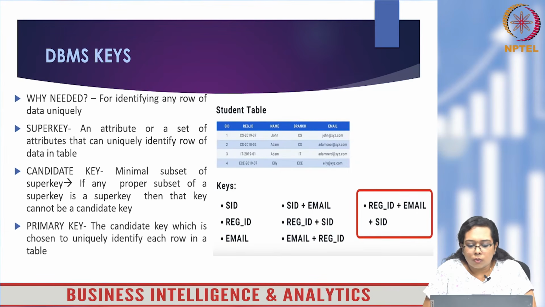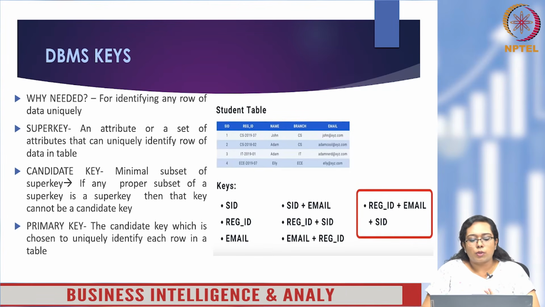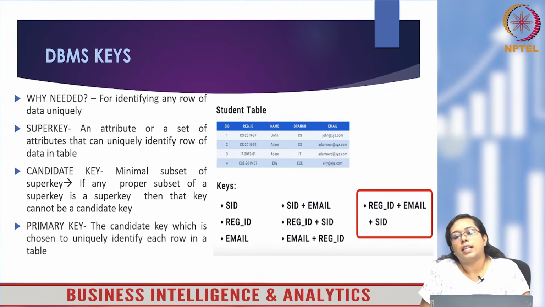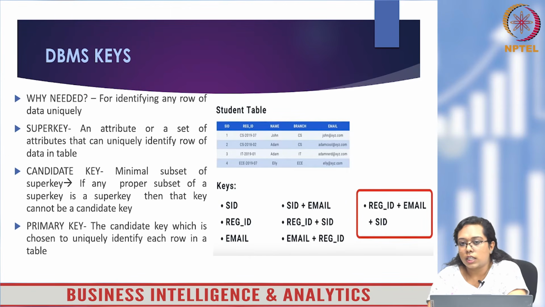So what is a super key? A super key is an attribute or a set of attributes that can uniquely identify a particular row of data in a table. For example, if we want to uniquely identify a row in this table, what are the attributes that we can combine in order to do that? See, registration ID will be unique, right? Email can be unique, so we can select email, and also student ID.